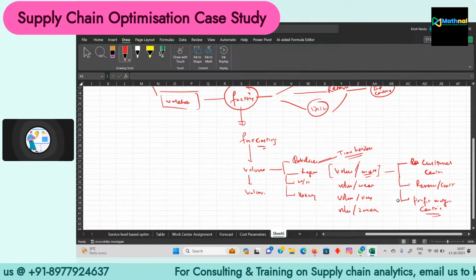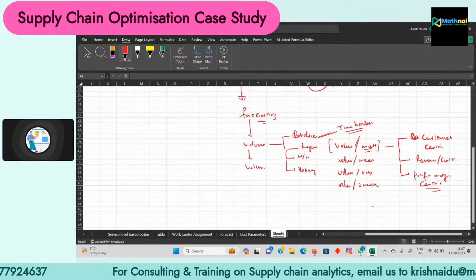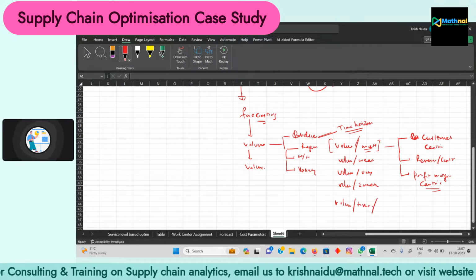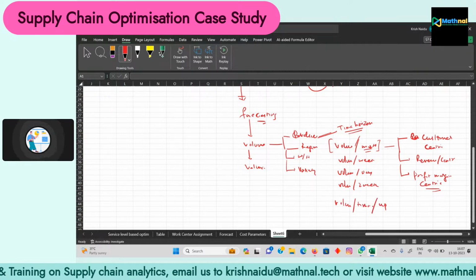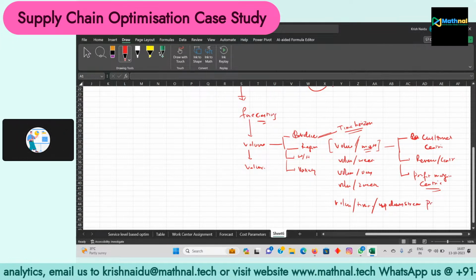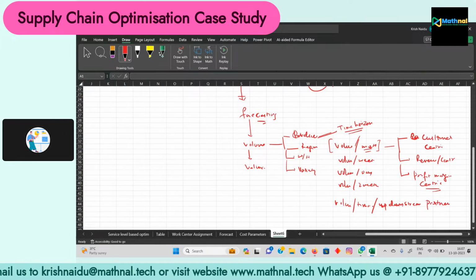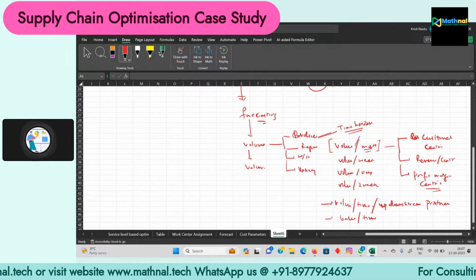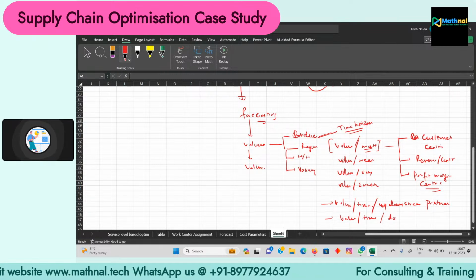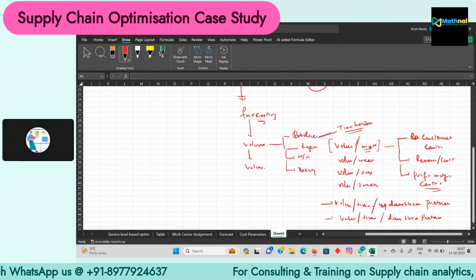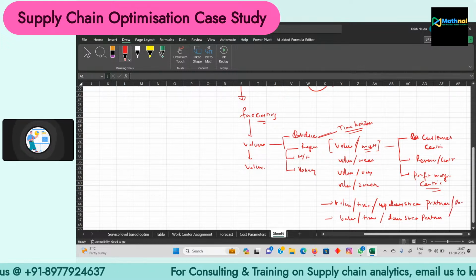So this forecast is happening by time. If I have to distribute it further, it is volume per unit time per downstream partner, or the value per unit time horizon by downstream partner, by product.